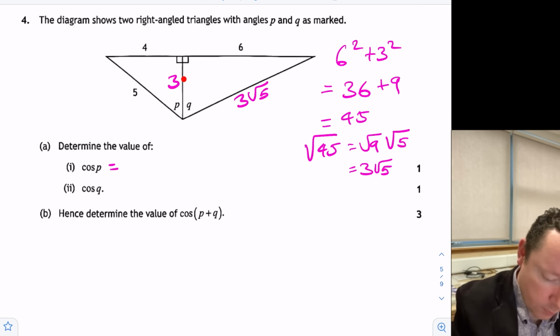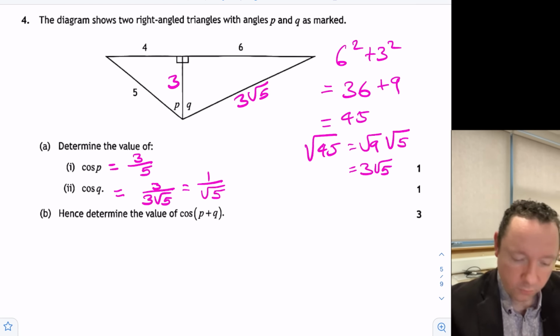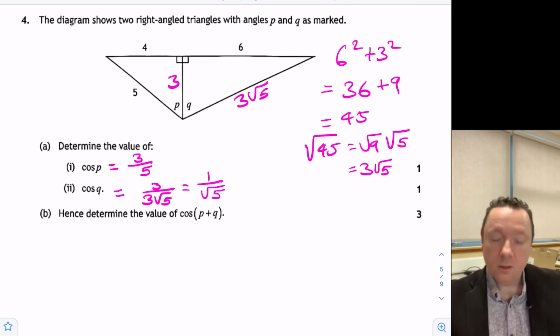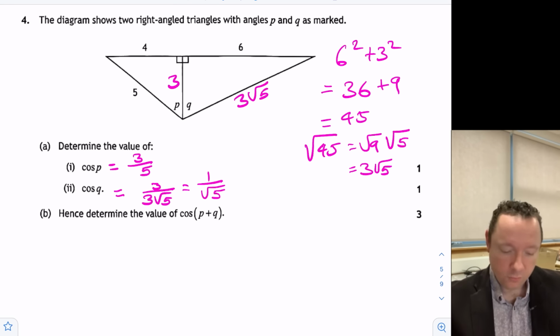Adjacent over hypotenuse, 3/5. And our cos Q, adjacent over hypotenuse, 3 over 3 root 5, which now simplifies to 1 over root 5. So if you wrote 3 over root 45, you would have to simplify root 45 at that point.